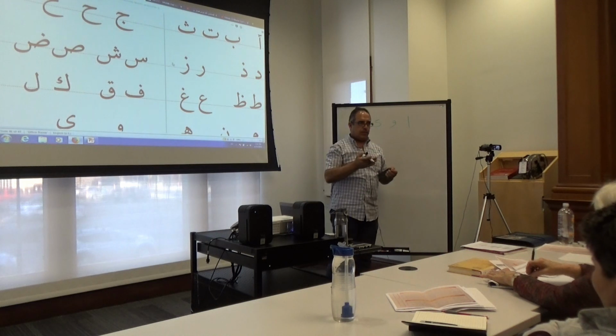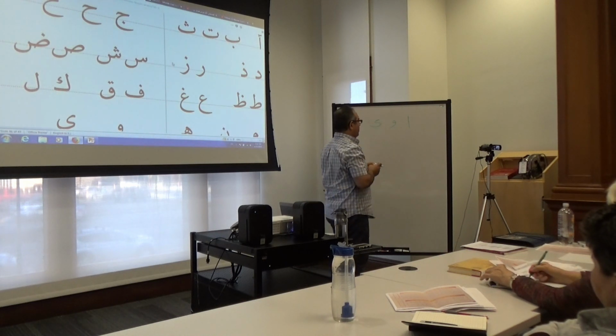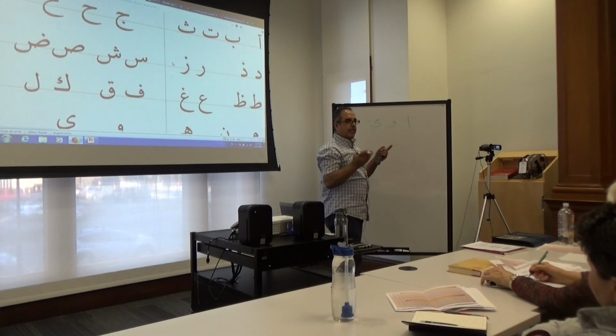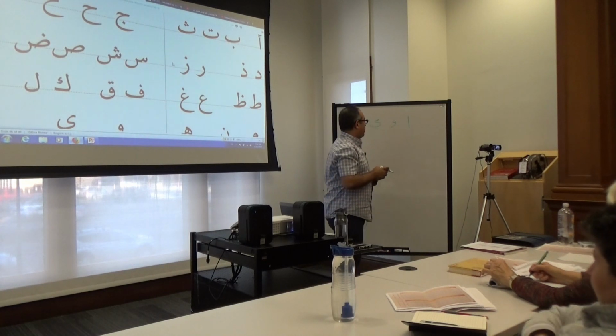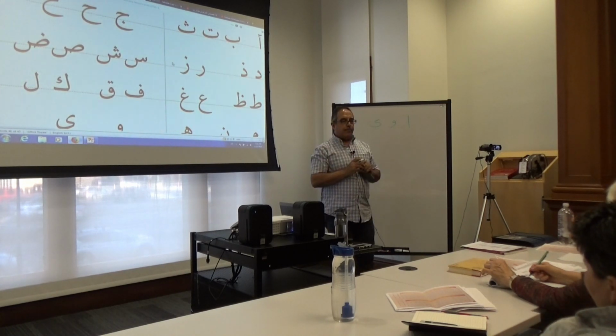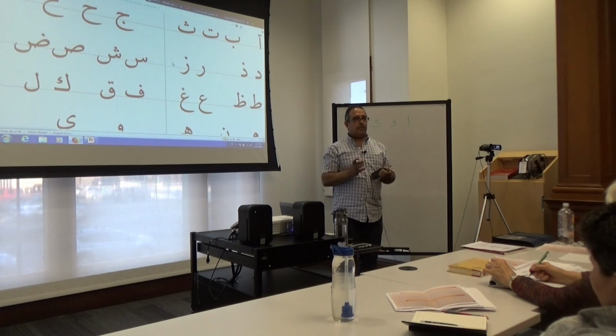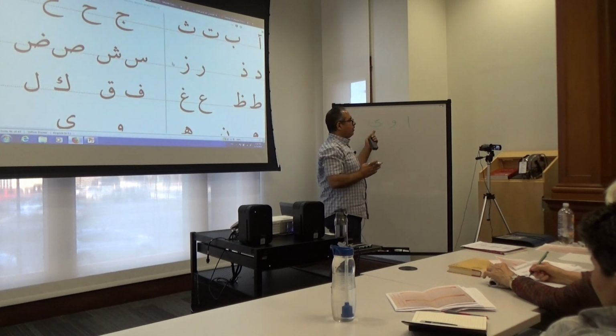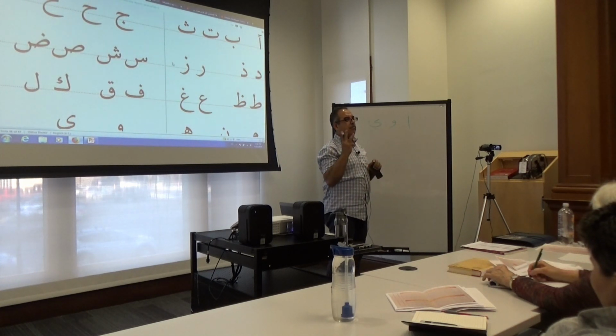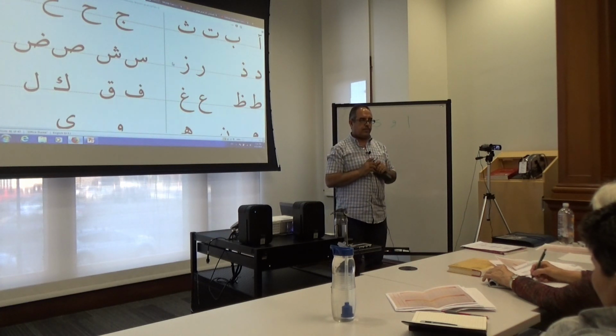If they are in the middle of the word, we just treat them like regular letters, and if they are at the end of the word or at the beginning. Vowels in Arabic, these are what we call the main vowels. We have three more that we call short vowels.